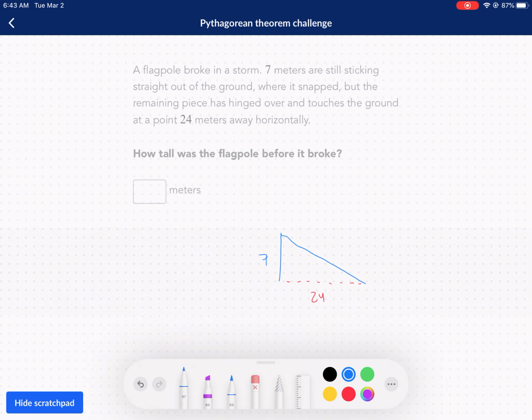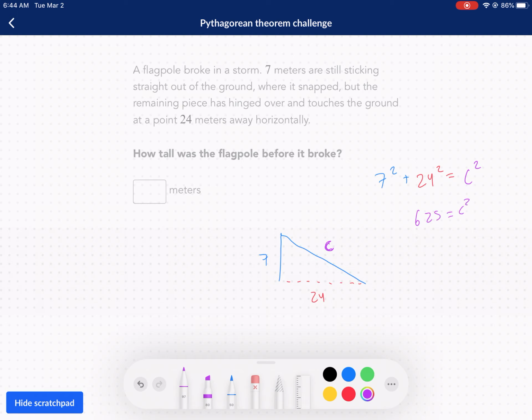If you recognize this is a special triangle, so what we're going to do is 7 squared plus 24 squared. You guys should probably know what it is if you've been keeping up with some of the special triangle stuff. But this is going to be equal to this length here. We'll call that C squared. So I might as well do it out. 7 squared plus 24 squared, and then that's 625.